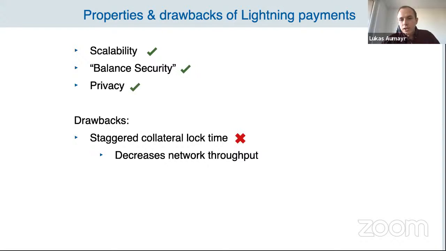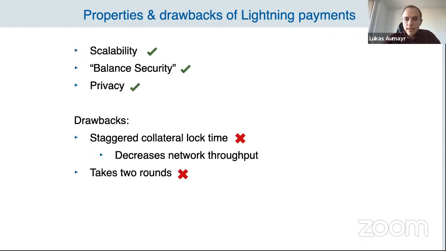For instance, there is actually an attack, the griefing attack, where adversaries intentionally let payments fail in order to decrease the network throughput, or there could be some other errors. And due to the fact that the collateral is locked for a time linear in the path length, this can lead to a decrease in the network throughput.